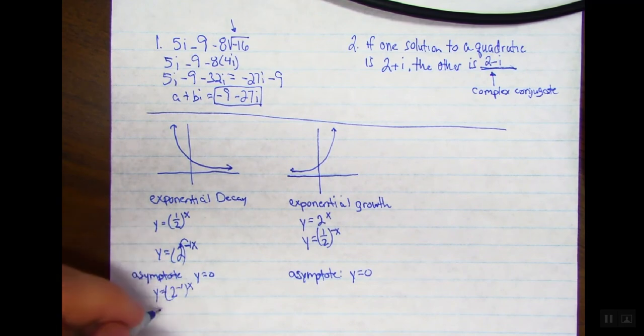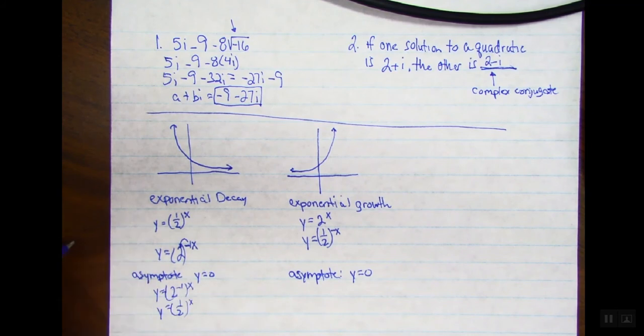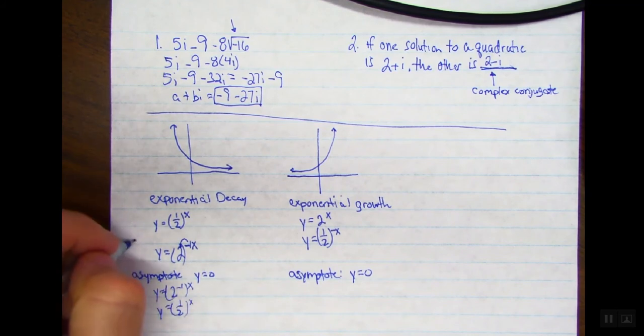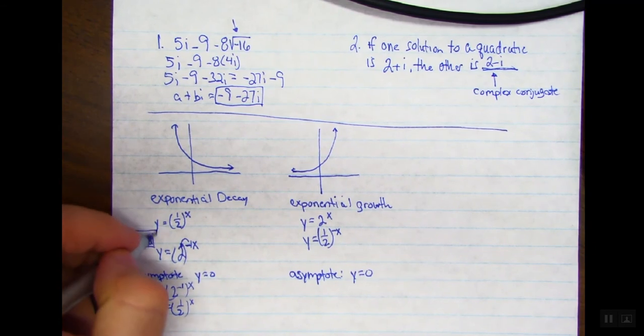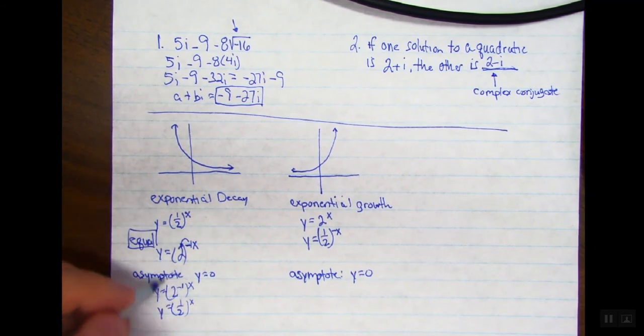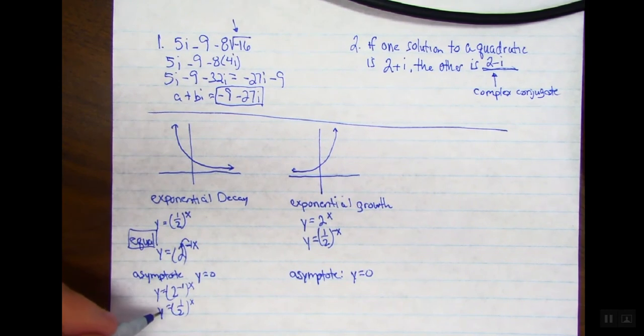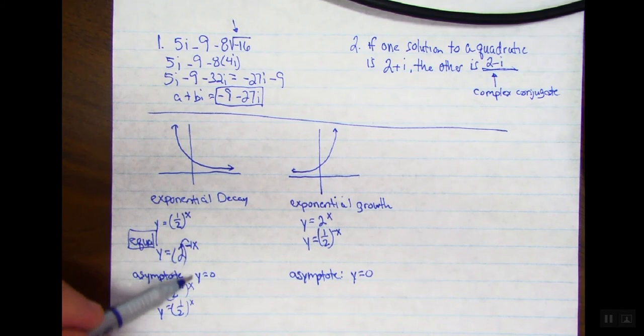And 2 to the negative 1 means the reciprocal of 2, which is 1/2. So that's why these two are equal. There are two different ways of writing the same thing. So you always have to make sure on this assignment that if there's a negative in the exponent, you bring it inside and do the reciprocal of what is inside.